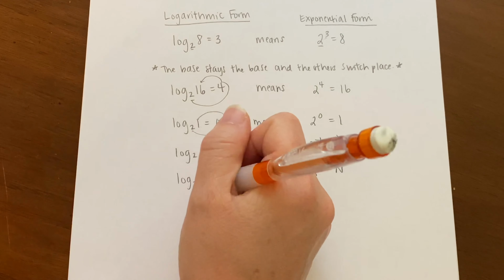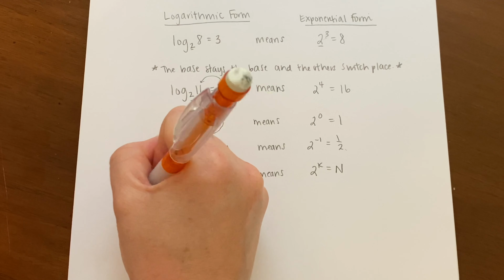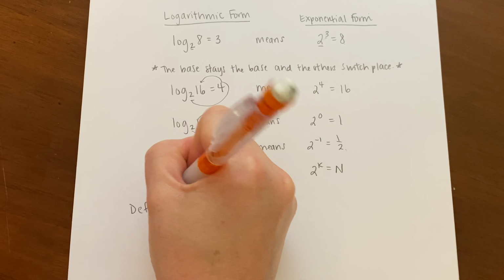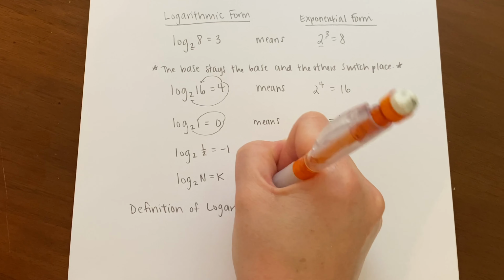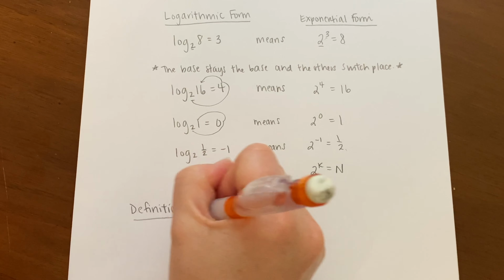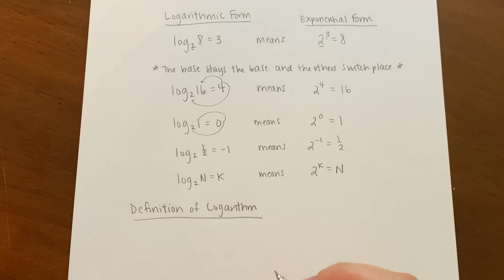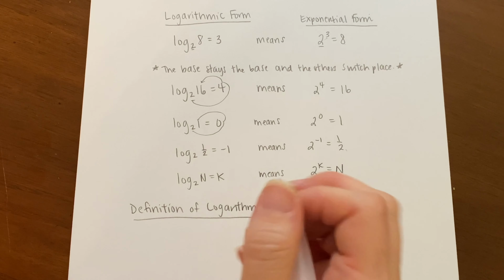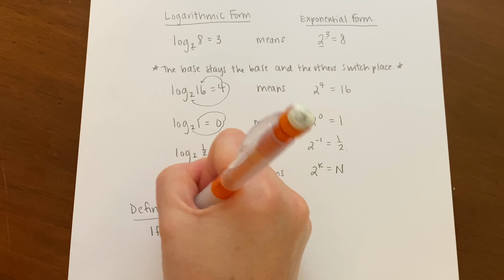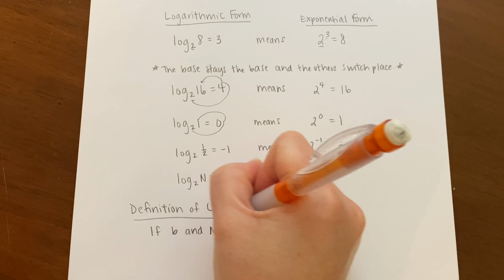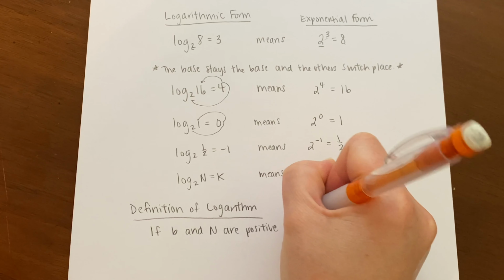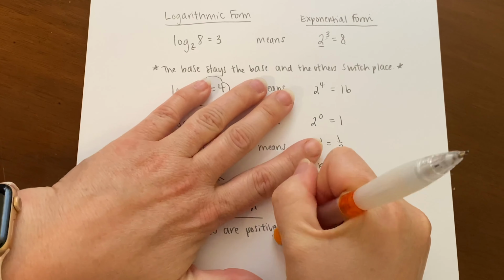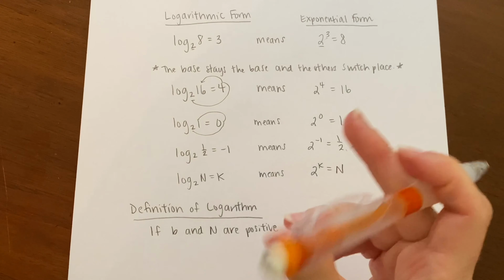All right, the definition of a logarithm. Now that we've seen how to switch these around a little bit, if b and n are positive, oh, I'm sorry, not integers, numbers. I was going to say, that sounds weird.